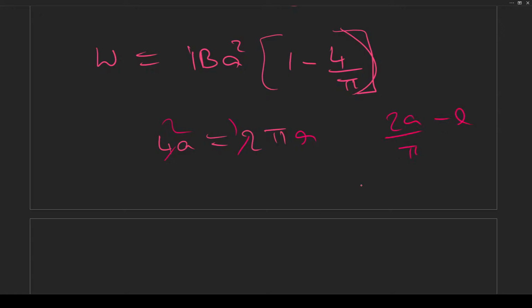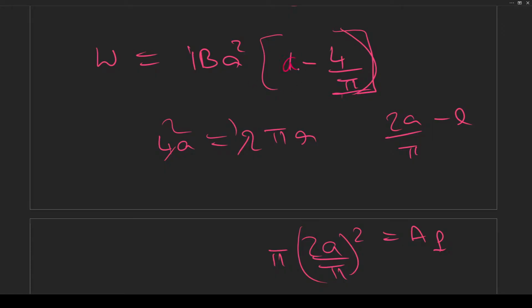So it will be 2a by pi whole square times pi, which is equal to A final, that is 4a square by pi.